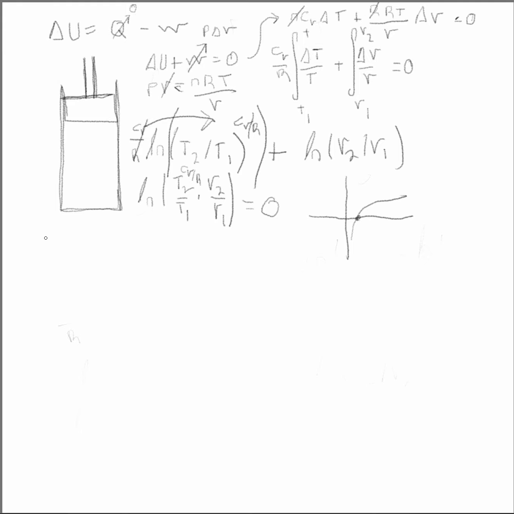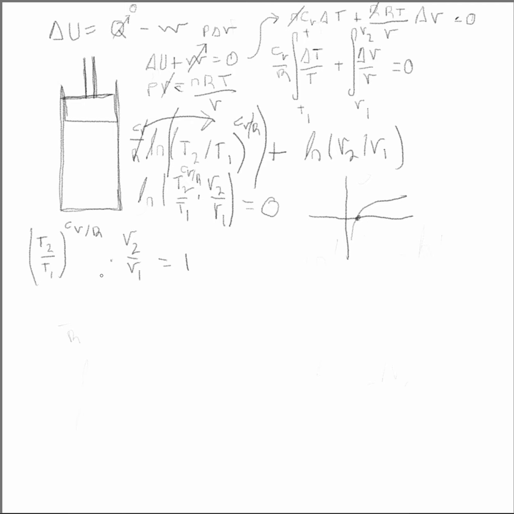So we get rid of the natural log, and we just have T2 over T1 to the C sub V over R, multiplied by V2 over V1, equal to 1, because we know the argument, the x value, is 1 if the y value is 0 for any log function.